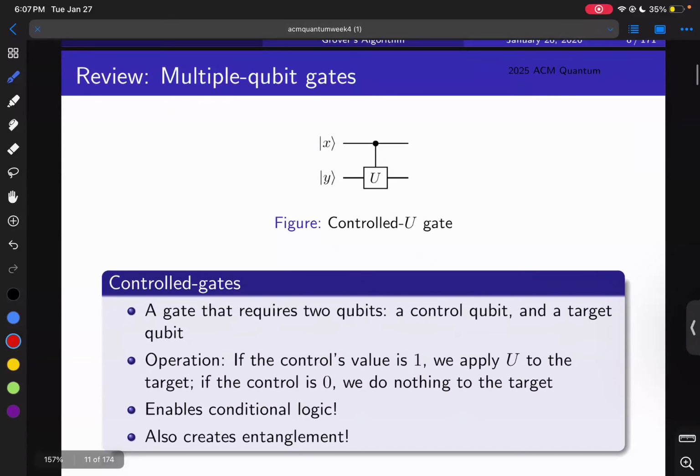Multi-qubit gates: the one we concern ourselves with is the controlled gate. So once again, you have a control register, which is this filled dot, and then a target register, which has a gate on it. The action of the two-qubit gate is that it'll apply the U operation on the target qubit if the control qubit is in the 1 state and do nothing otherwise.